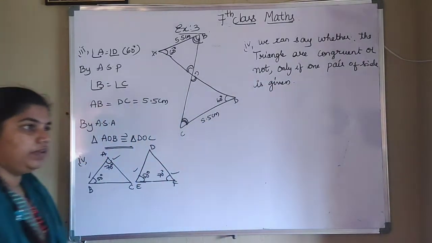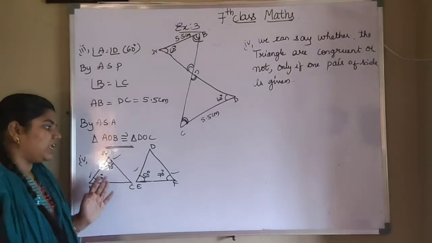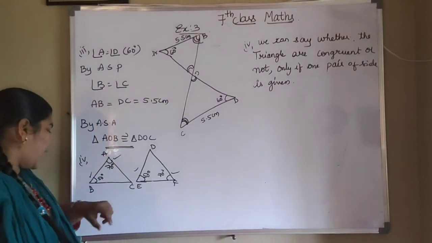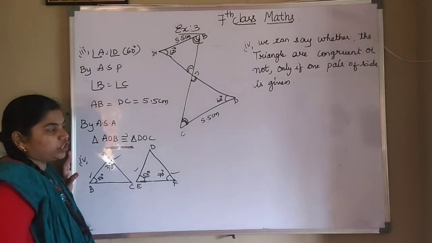So whenever they give at least one side value, then only we can say these two triangles are congruent to each other. Okay.